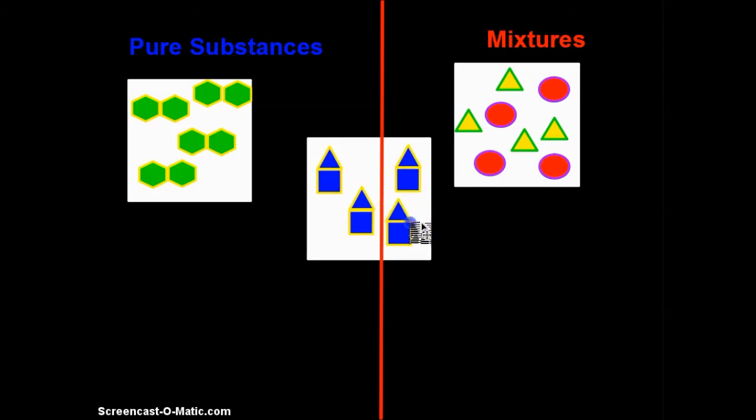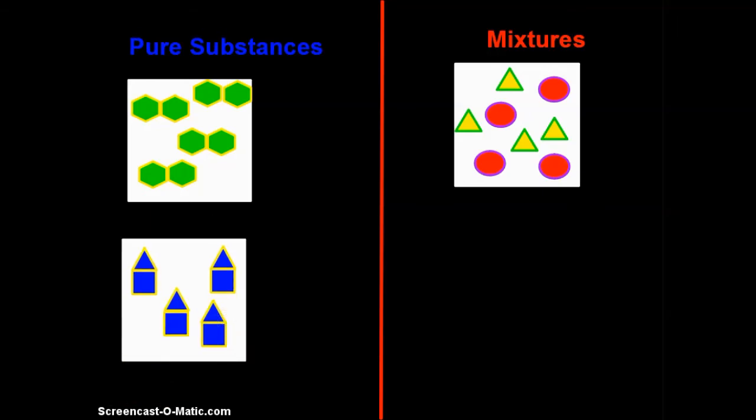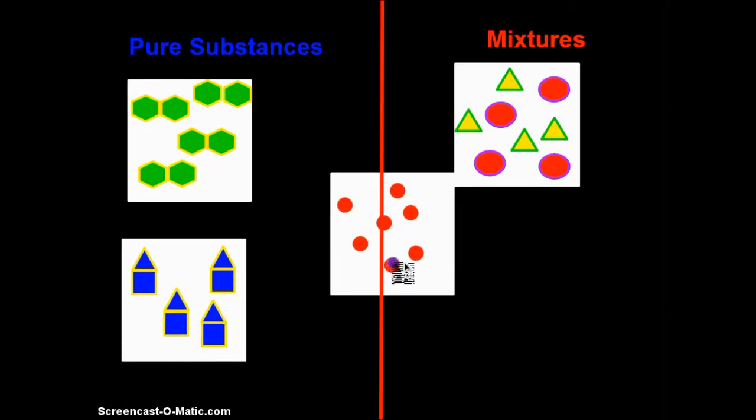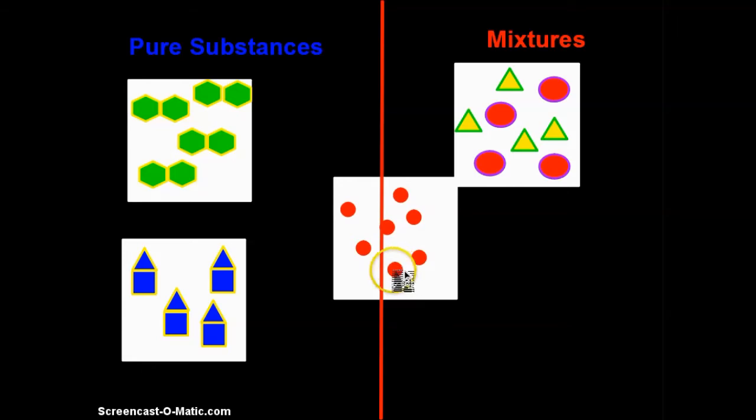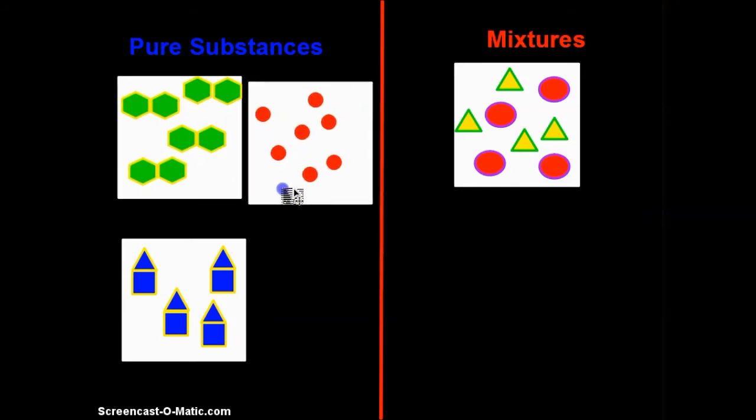These are all the same type of particles, so that's going to be a pure substance. If we bring in another one, in this we have all circles, all just one type of particle, another pure substance here. So again, pure substance, all the same type of particle. Mixtures, you're going to have different types of particles there.